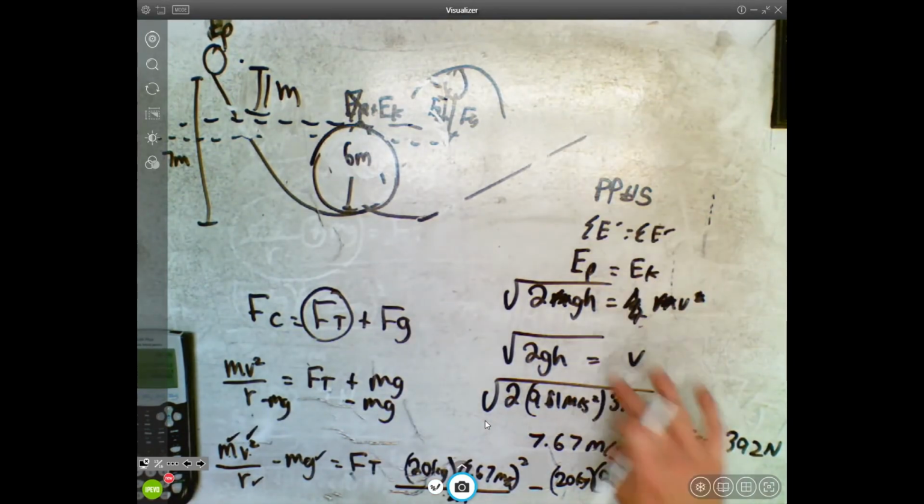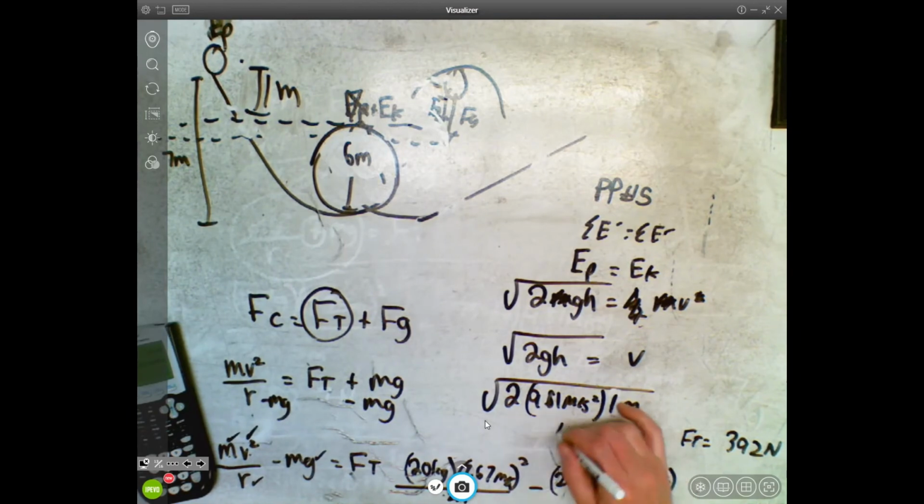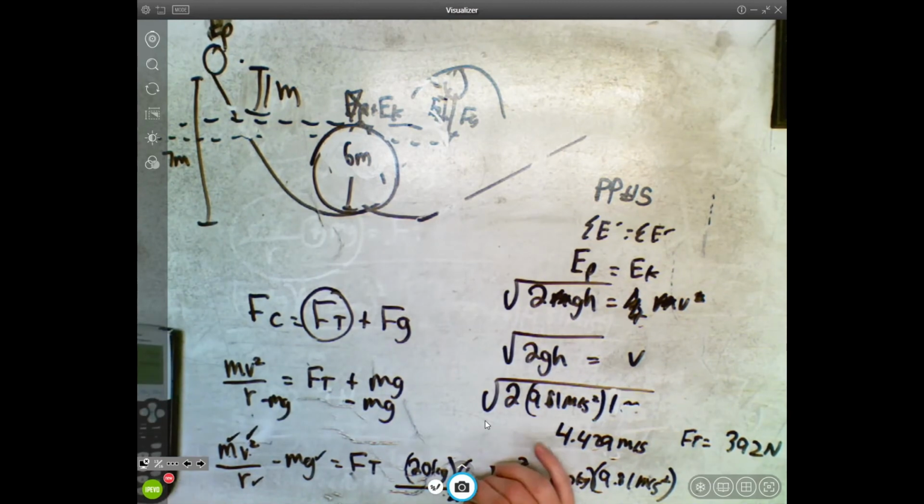So I'm going to find a new speed: 2 times 9.81 times 1, and square root that. I'll be going a little bit slower this time, 4.429 meters per second.